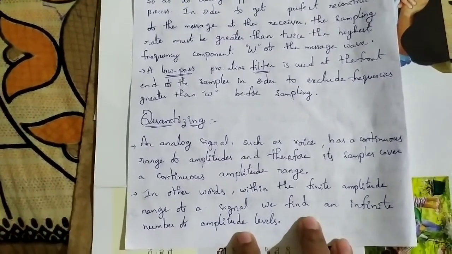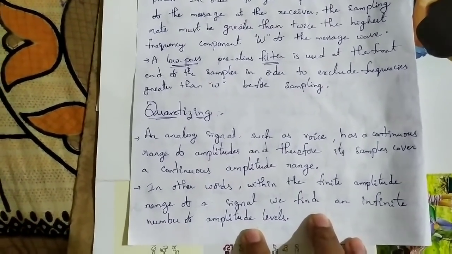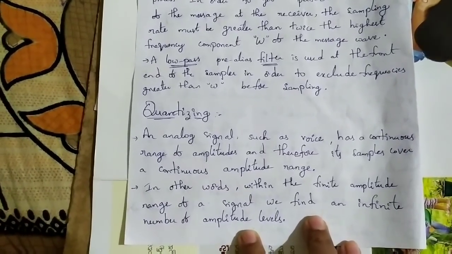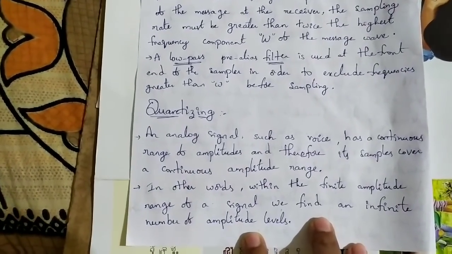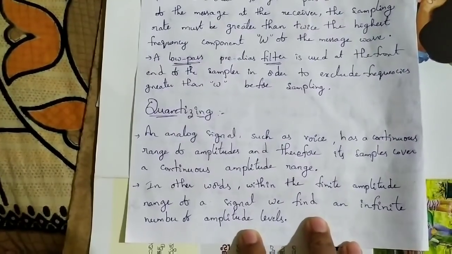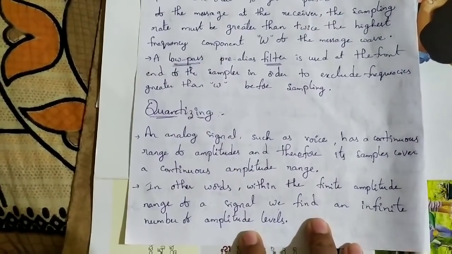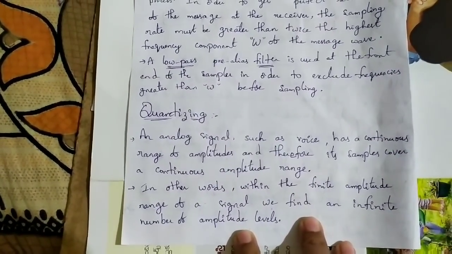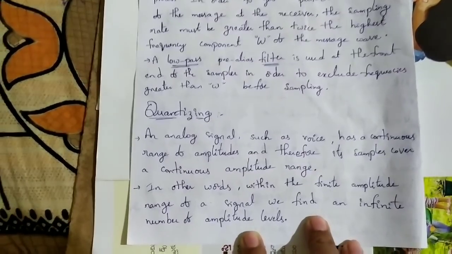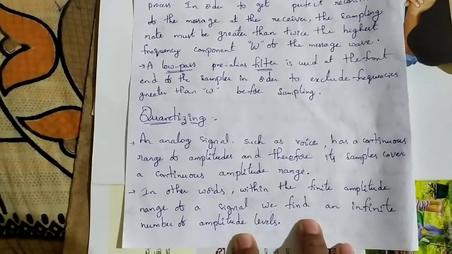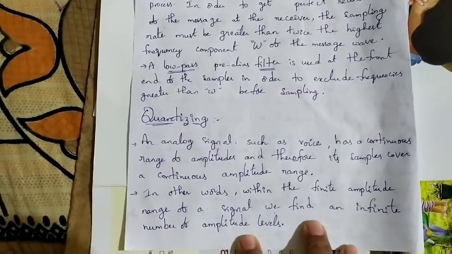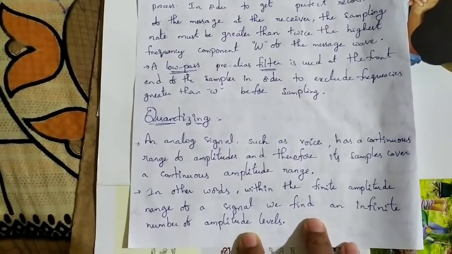This you know very well, we discussed it in the previous class also. Suppose we have levels 0 to 2, that is 0, 1, 2, as the amplitudes of an analog signal. To convert this analog signal into discrete form, first we will do sampling. We will get infinite samples with infinite amplitude levels.